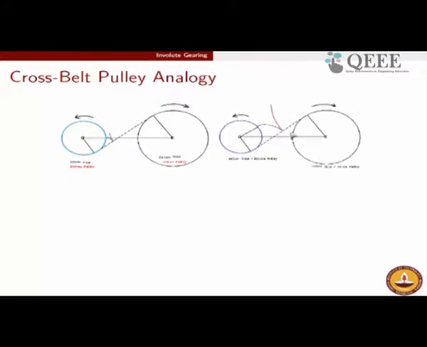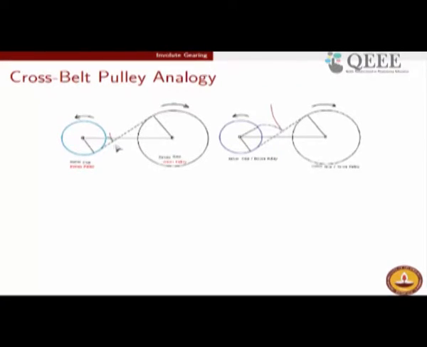So, the point of contact is moving on this line of the belt. So, basically that belt is the common normal associated with these two pulleys. So, what we have done is that as the involute is getting generated, we have shown you that the common normal of these two involute pairs is basically that cross belt, which is actually not changing during the entire course of engagement.